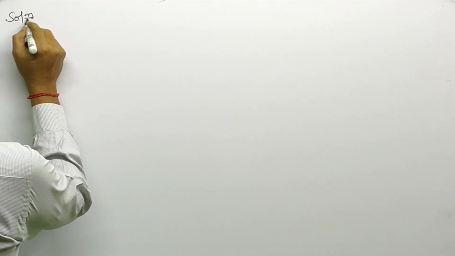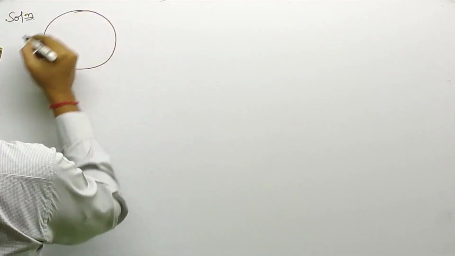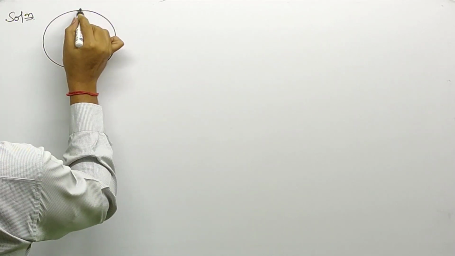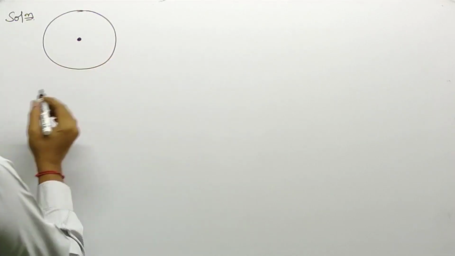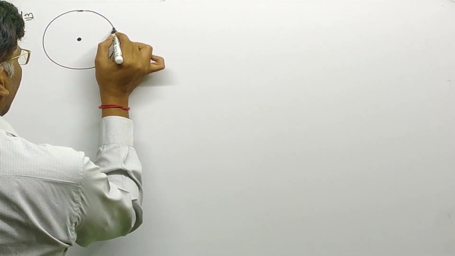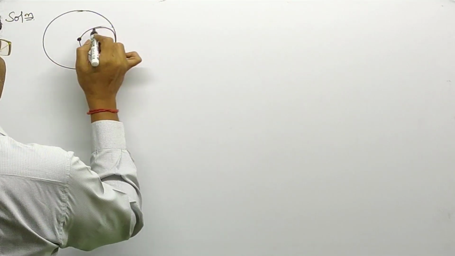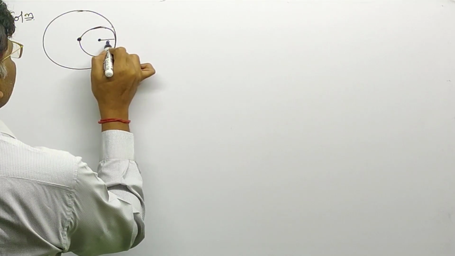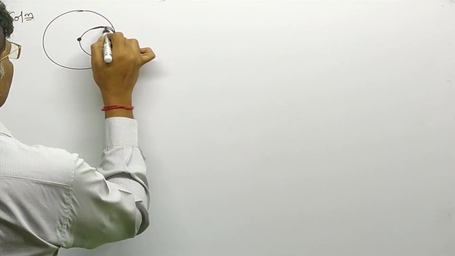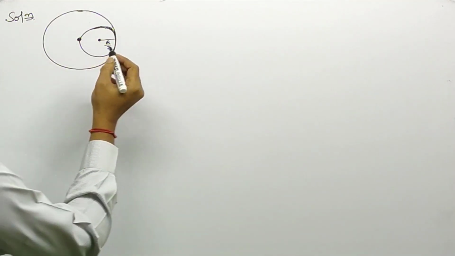Solution. In the question, a sphere of radius R is given, from which a small sphere of radius R/2 is removed.